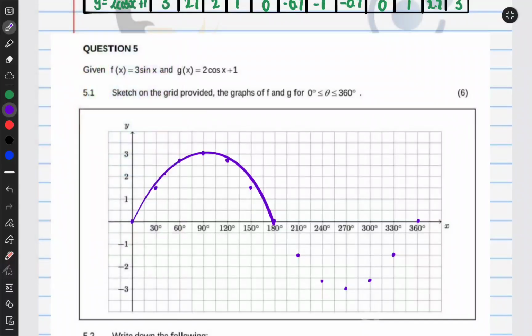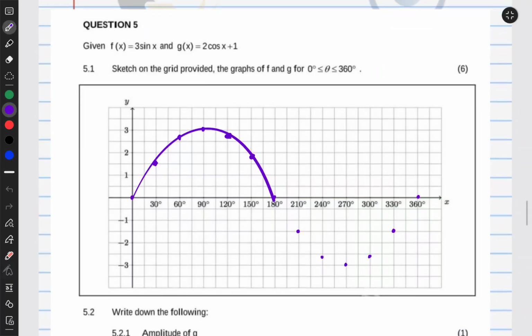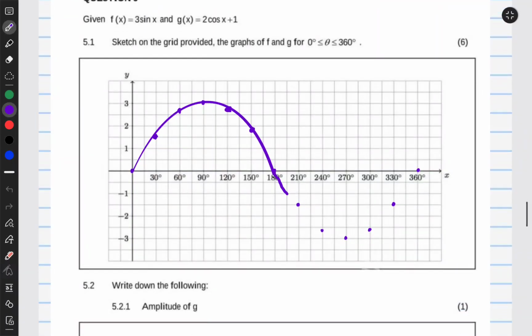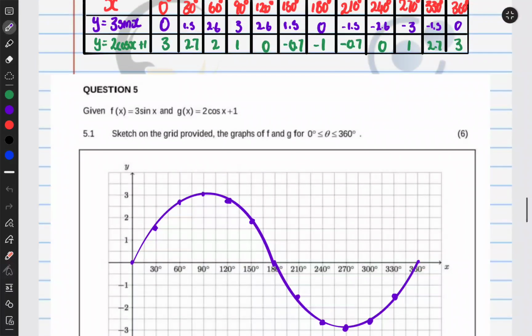Okay, let me see there. I think this one is a bit better. Our points are not as perfect. You get the point. No pun intended. Yeah, that one is a bit better. Let's emphasize our points a bit. Okay, and that is how our first function is going to look.